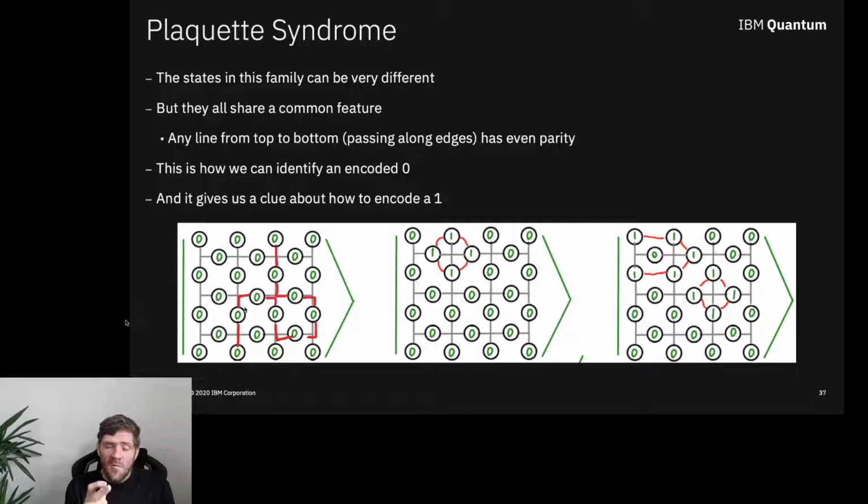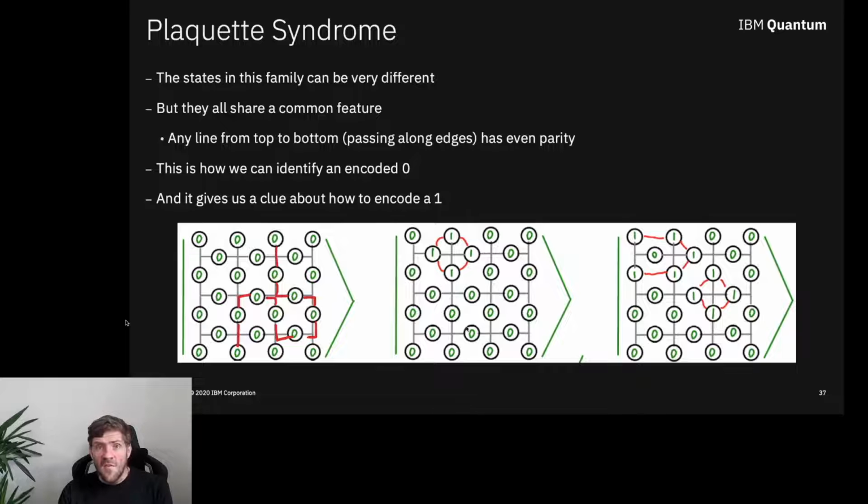So whenever we flip all of the bits around the vertex, it always encounters 2 bits that we have flipped. So it preserves the even parity. So if we go just straight from top to bottom, then we will find even parity. If we do any sort of complicated route from top to bottom, still, if it passes through vertices, it will have even parity for any of these states, which are just a vertex flip away from the all 0 state.